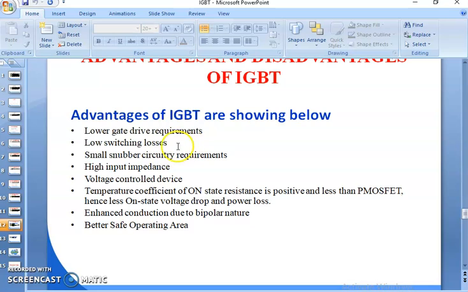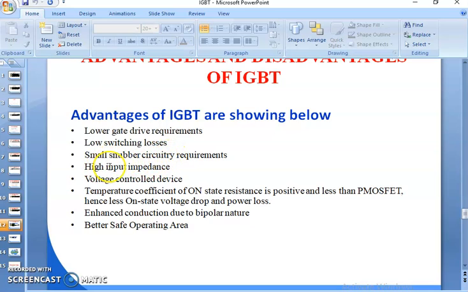Second advantage is low switching losses. Means the IGBT has very low switching losses, as the gate is completely isolated from the drain to source terminals. Hence, the IGBT possesses low switching loss characteristics.